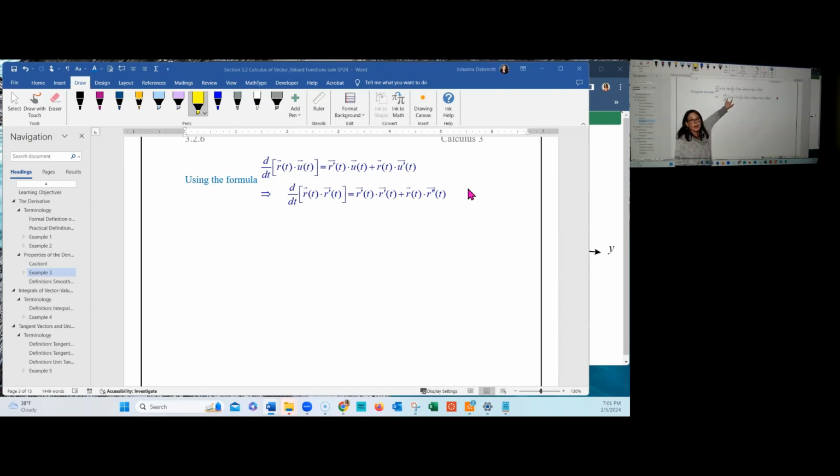Applying the property gives us the derivative of the first, r prime of t, dotted with the second, which is also r prime of t, plus the first as is, r of t, dotted with the derivative of the second. But the derivative of the derivative is the second derivative, which gives us r double prime of t.